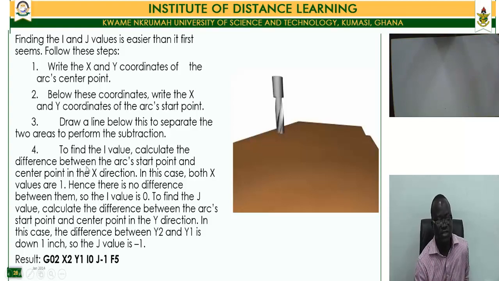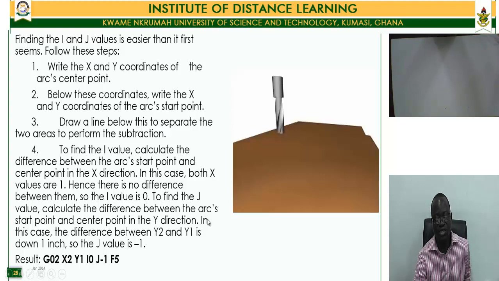And then to find the J, you calculate the difference between the arc start point and the center point in the Y direction. In this case, the difference between Y2 and then Y1 is down 1. So that is -1. And then you get your I and J values as I explained previously.